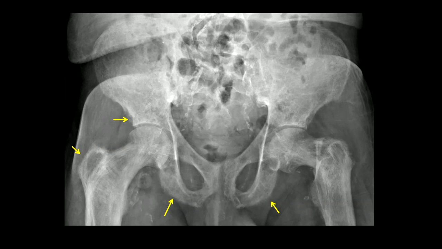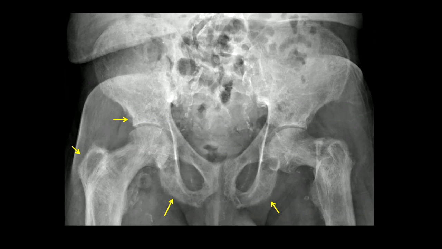And this is a radiograph of the pelvis. The left hip fracture should be obvious to you, but the arrows are pointing to the subtendinous resorption of the ischii, where the hamstrings attach, the resorptions on the trochanters, where the gluteal tendons attach, and the resorption along the anterior inferior iliac spine.